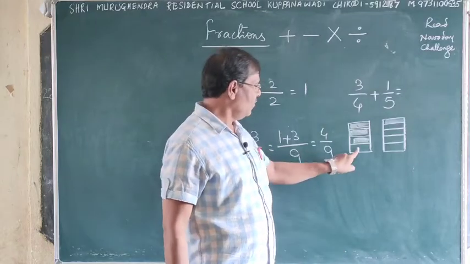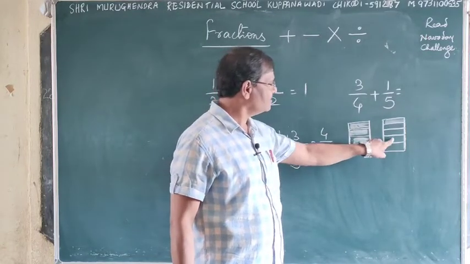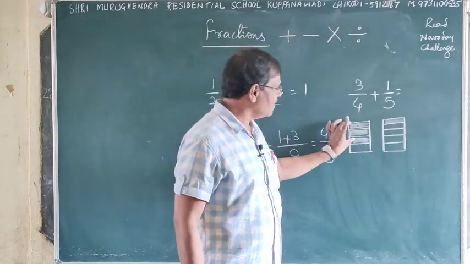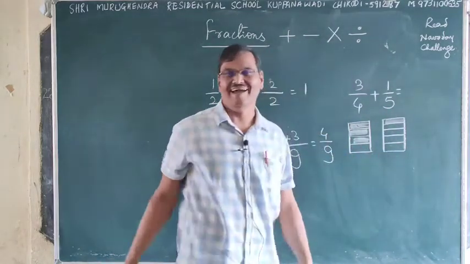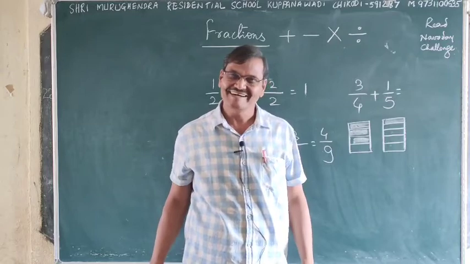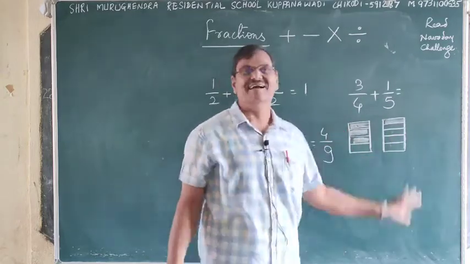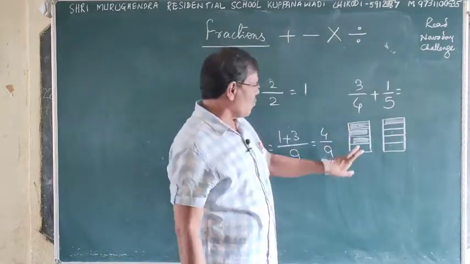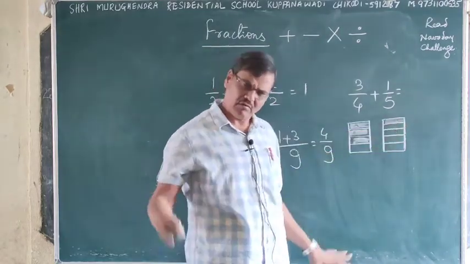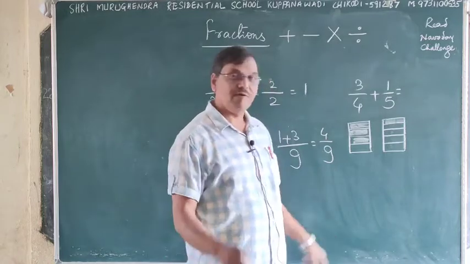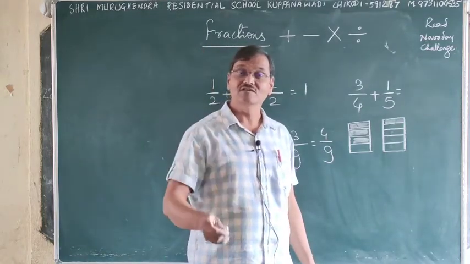Then from how many? 1, 2, 3, 4, 5, 6, 7, 8, 9 we took? No, because the parts are not equal. From the picture we can't tell it. 1, 2, 3, 4, 5, 6, 7, 8, 9. Okay, 9 parts are there. What is the condition?